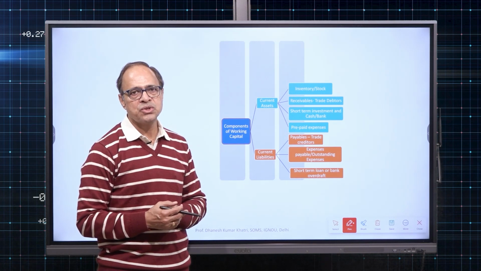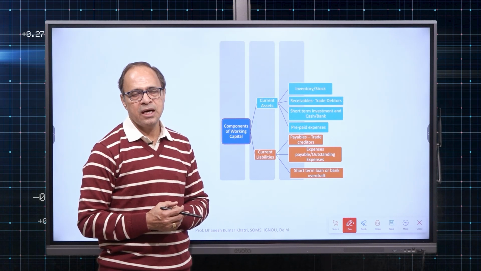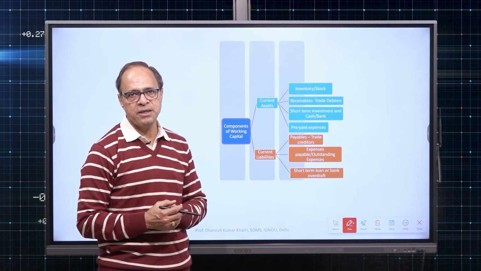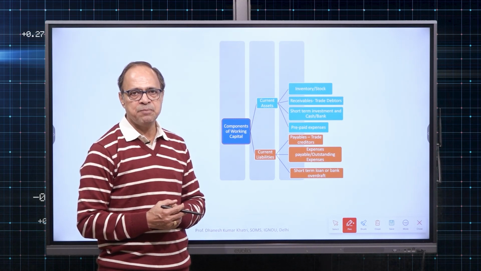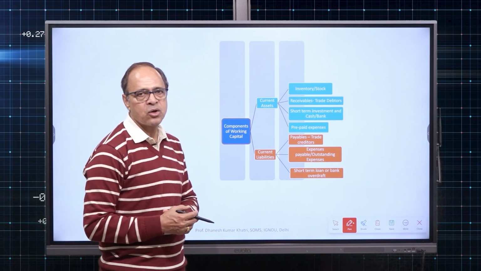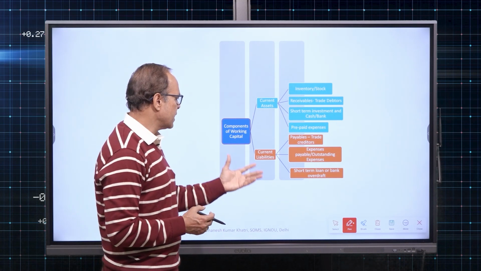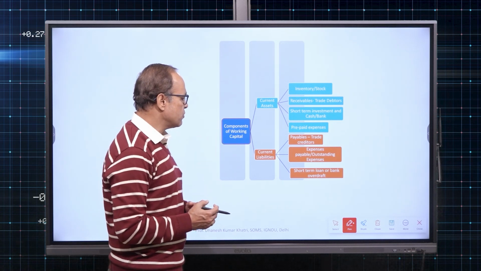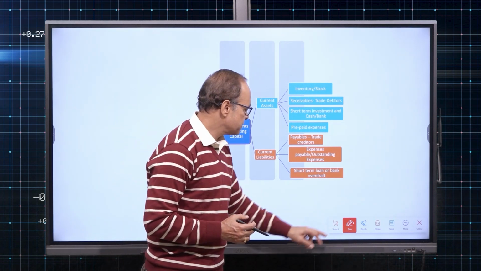These include trade payables, also known as sundry creditors. It may be bills payable, the bills against which payment is yet to be made, expenses payable, it may be short term loan or bank overdraft. So, all those fall in the category of current liabilities. So, this is the way components of working capital are there.